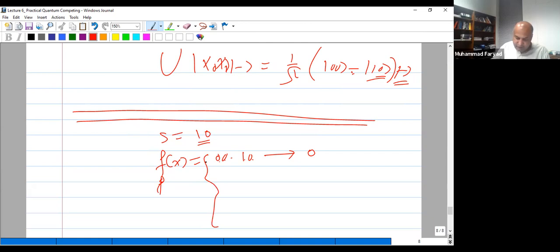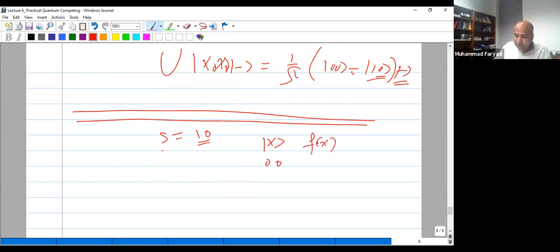This is a little bit confusing notation, so let's write it here. When x is 0, 0, f of x, which is s dot x, so let's multiply 0, 0 with 1, 0. I will get 0 into 1 plus 0 into 0, so this answer is 0.